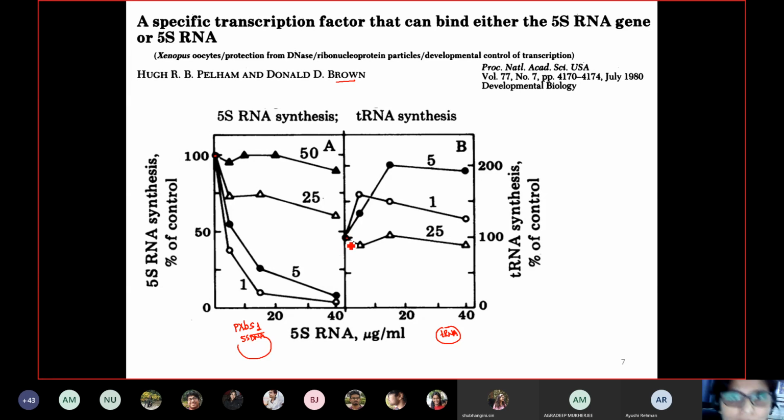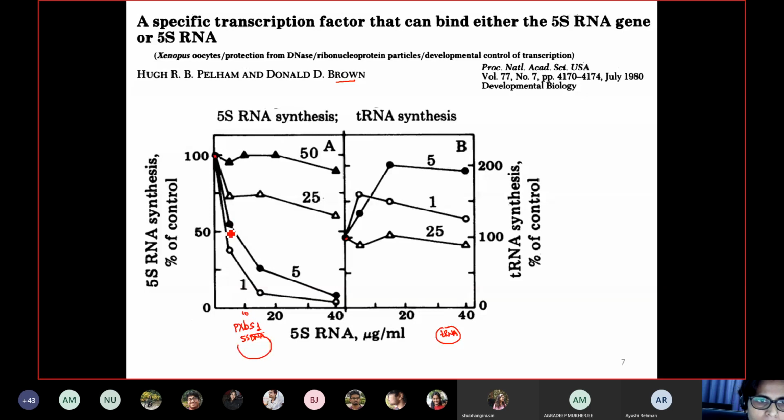So at the start, you have only a small amount of tRNA, whereas in comparison you have 10 times larger production of 5S RNA. But if you start putting in small amounts of 5S RNA material, you see a very sharp decline, especially in the first 10 microgram region.